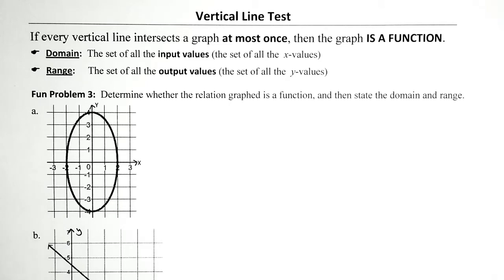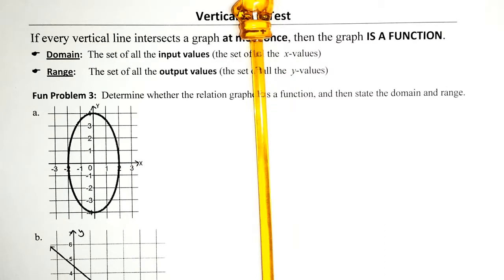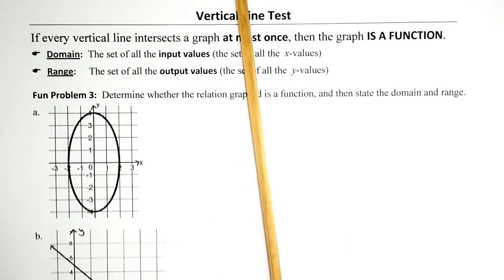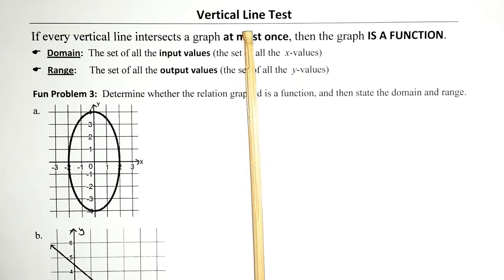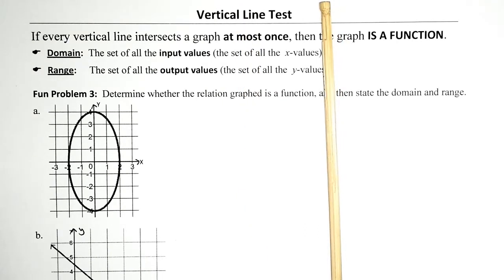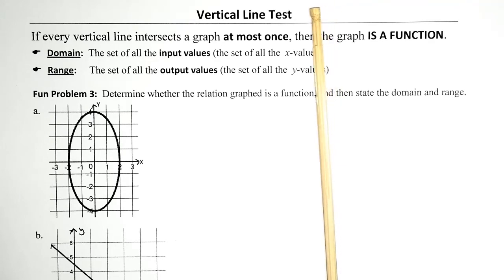The reason why this is called the vertical line test is because, you guessed it, we're going to use a vertical line to test whether the graph provided is a function. Now the question is, how can we use the vertical line test to make the call?